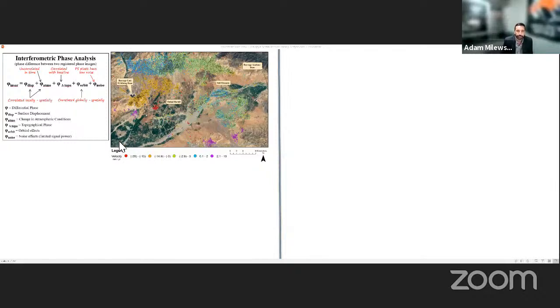We used about 80 radar images and applied this technique, removed all this noise, stacked the data into 80 images, and then looked at how much displacement was happening over time. And that's what we're seeing here. We get individual pixels. We don't get this whole image. We get individual spots of land deformation.